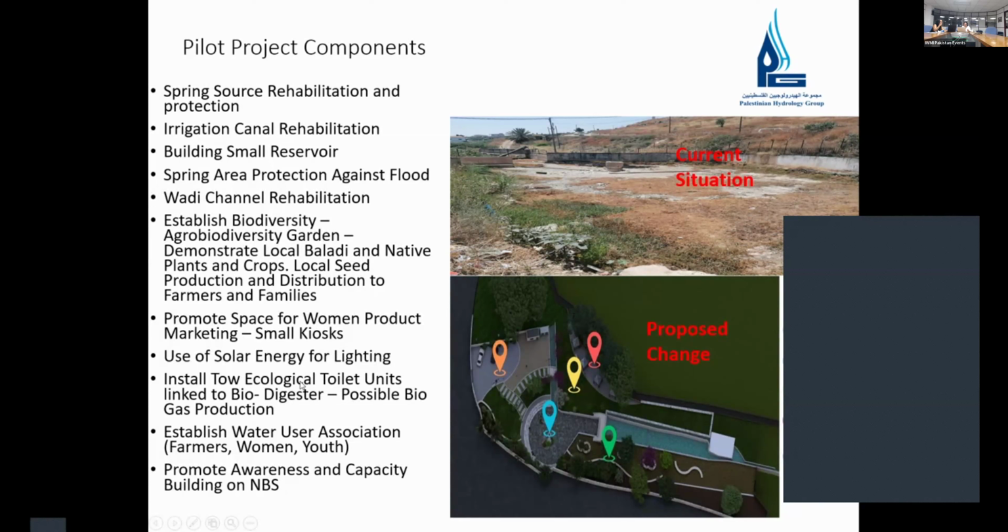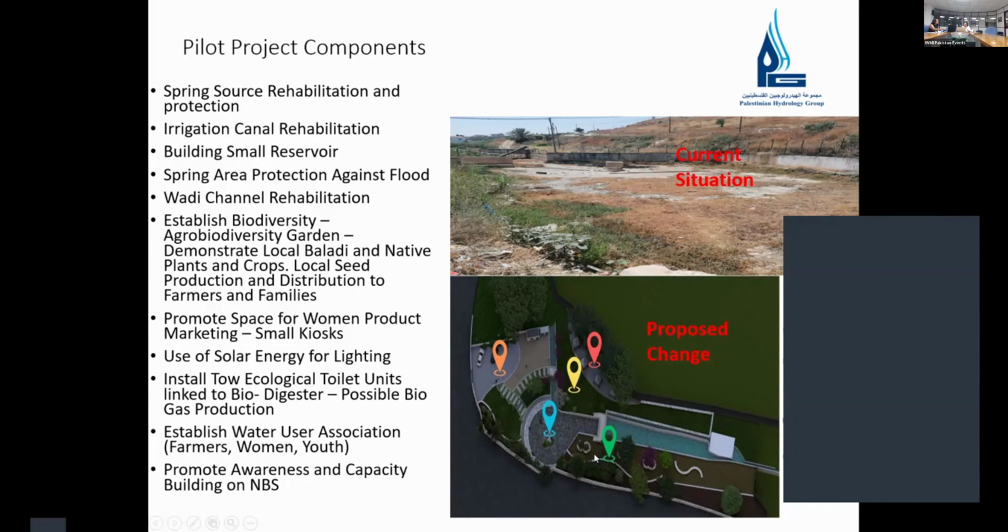We are also installing solar energy lighting. We are installing biotoilets so that we maintain the environmental and ecological identity of the space, and we are also promoting a water user association so that it can help in managing this space and managing the spring water among the farmers.